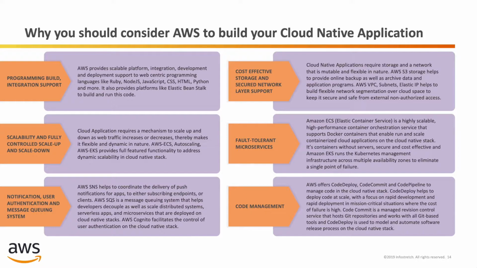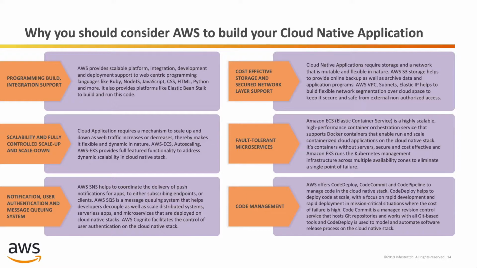It's a highly available, durable, secure, fully managed pub-sub messaging service. And we have a service called Amazon Simple Queue Service, SQS, which is also a fully managed service. It's a message queuing service. Both Amazon SNS and Amazon SQS enable you to decouple microservices, distributed systems, and serverless applications.